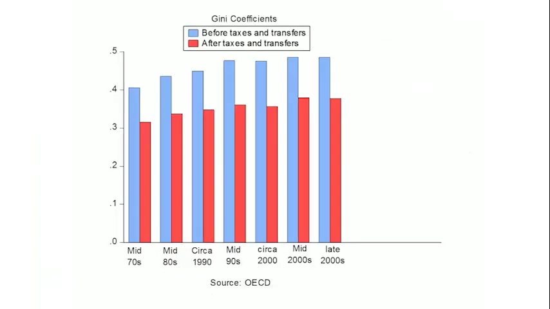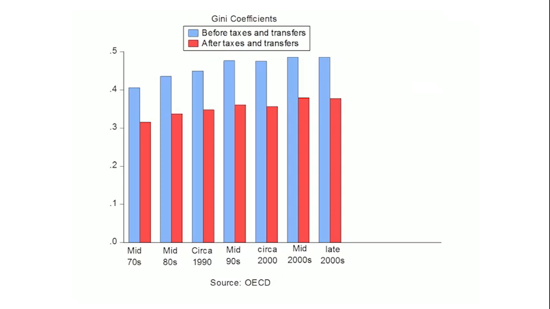Finally, there has been a change in income distribution over time in the United States. We've been able to examine some of the aspects of that earlier in the course. But one question is how much of that is due to the taxes and the transfers that we've been examining recently in these lessons. The Gini coefficient helps you understand that. So this is a picture of the Gini coefficient from the 70s, 80s, up until the 2000s. And you can see there's two bars. One bar is the Gini coefficient before people have been taxed and before transfer payments go to lower income individuals or others.